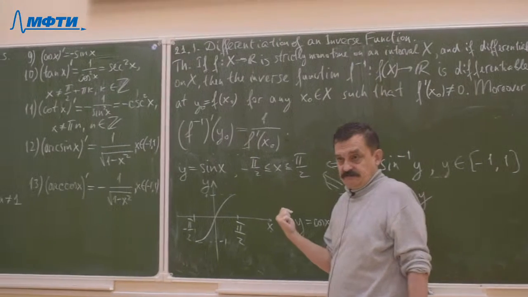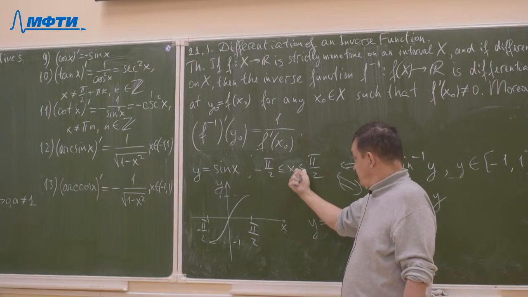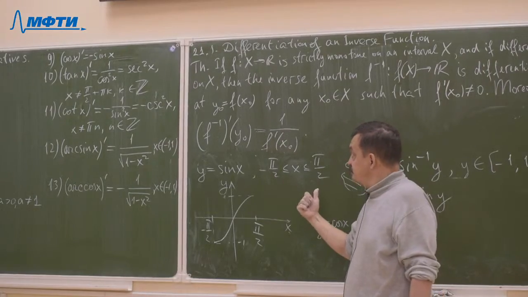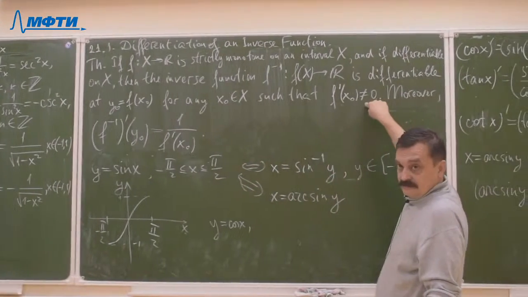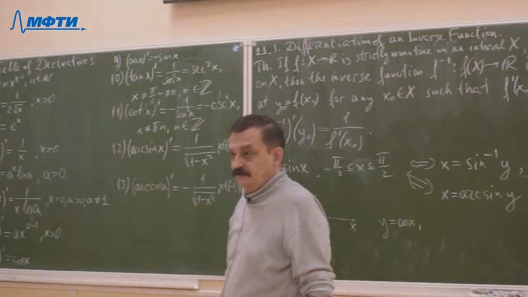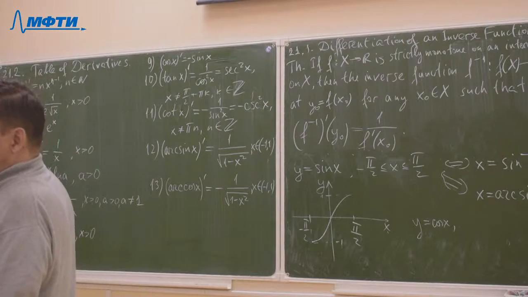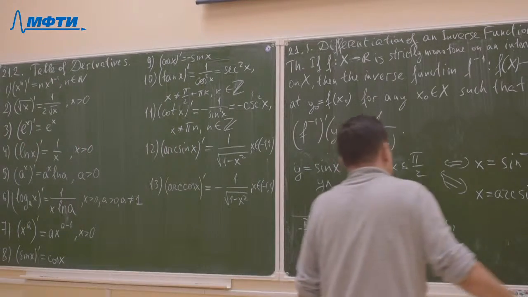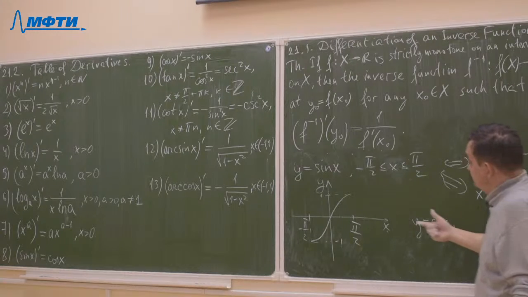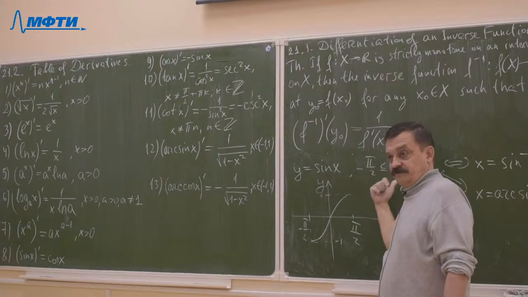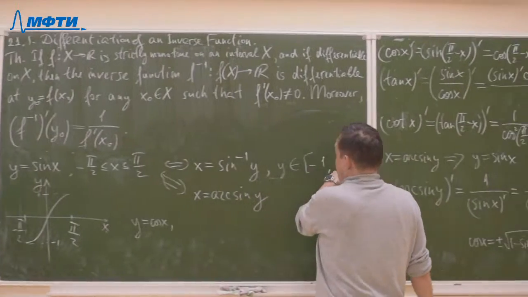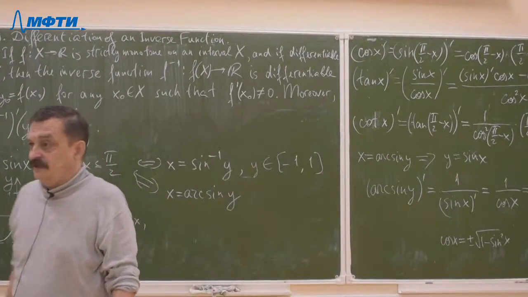Sine prime is cosine, and at x equals pi over 2, cosine equals 0. So the derivative is 0, and to have differentiability we need a non-zero derivative. That is why we should exclude x equals pi over 2, or y equals 1, and analogously for minus 1.